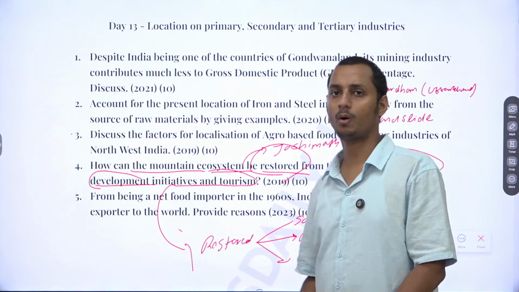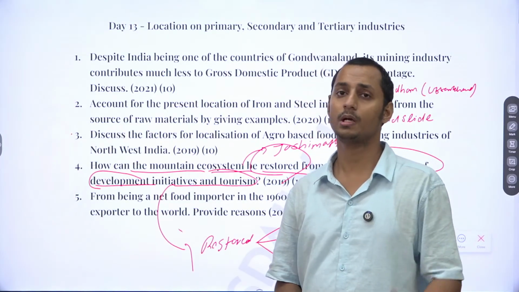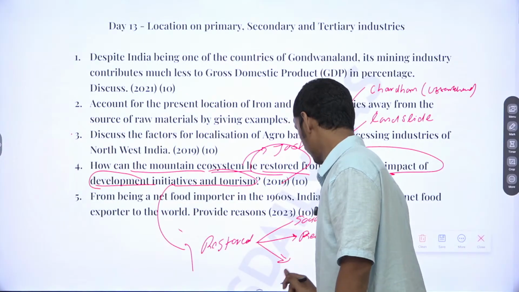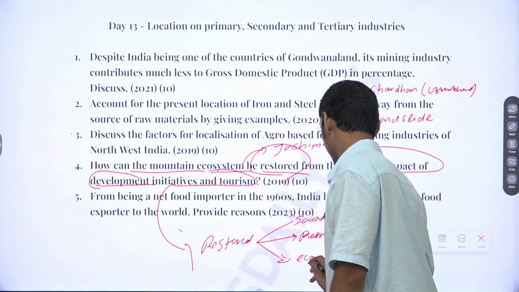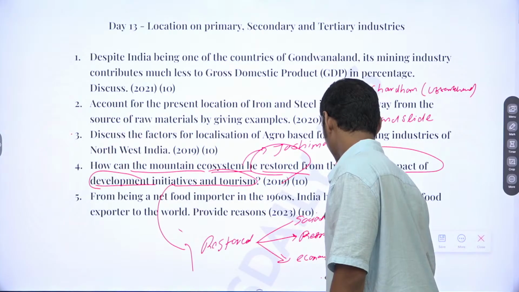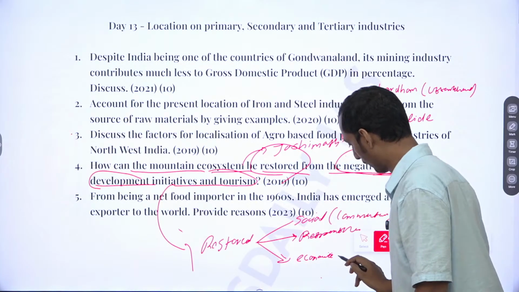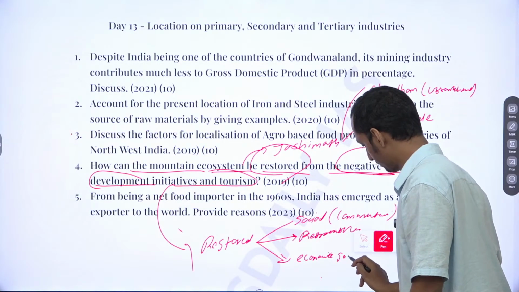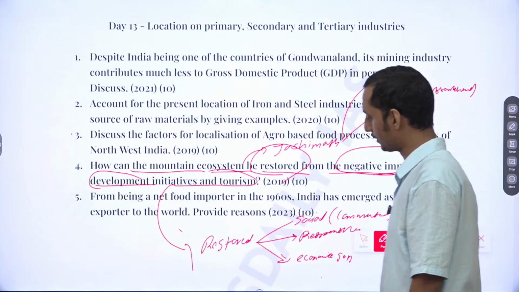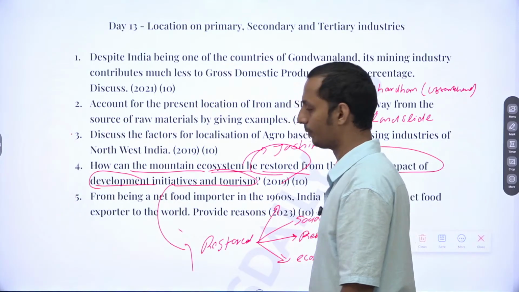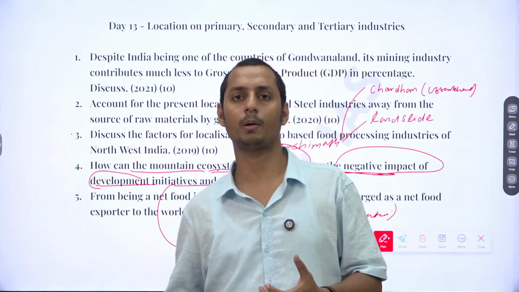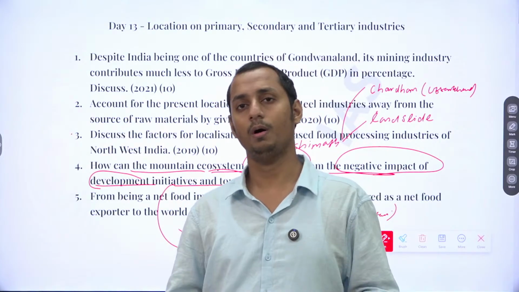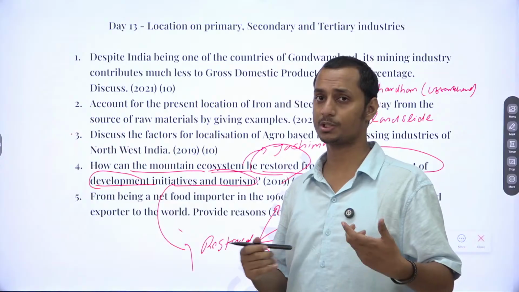You can mention that all these projects, all these development initiatives, should be on an ecological basis and should not be in ecologically sensitive areas. You can also mention that the environment impact assessment, EIA, should be done for all these development initiatives and also all these tourism projects.